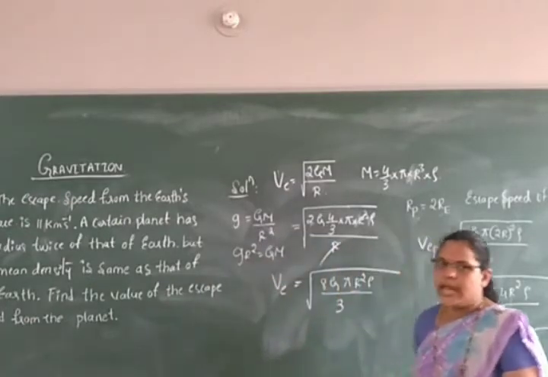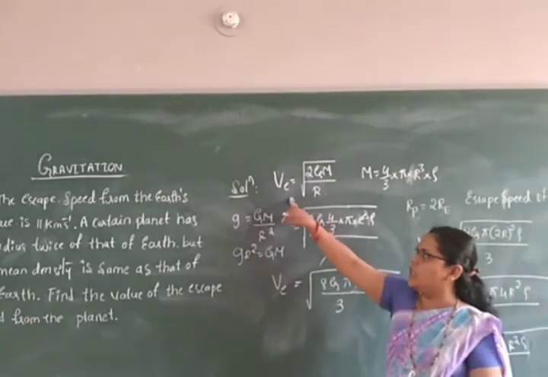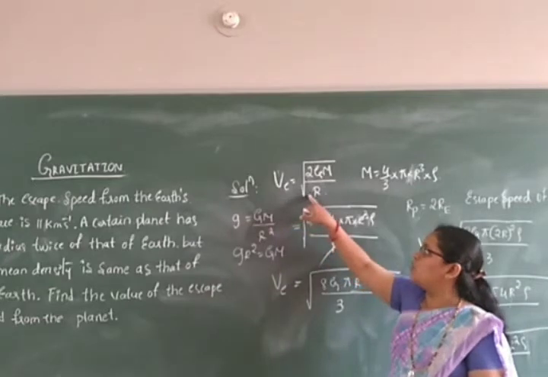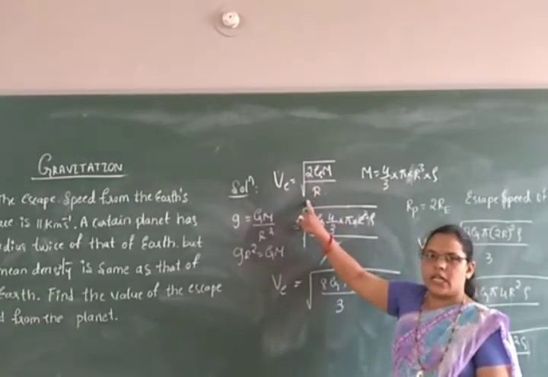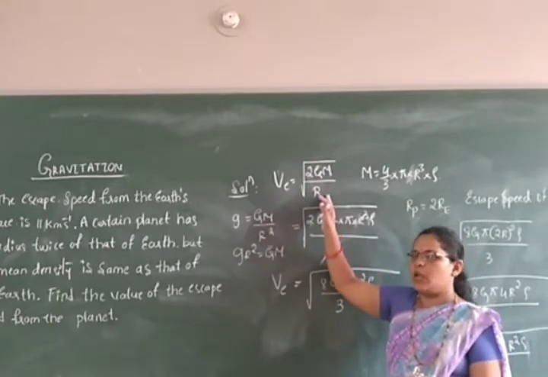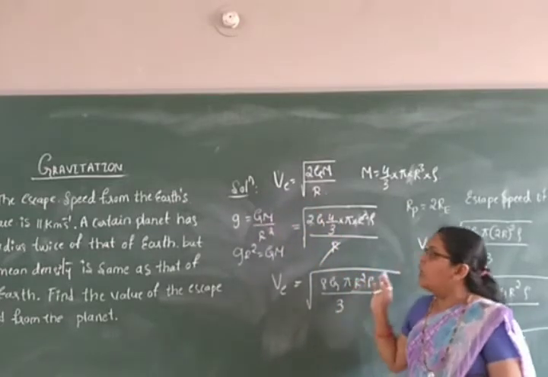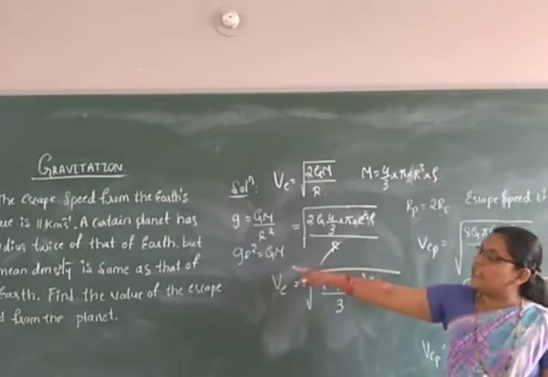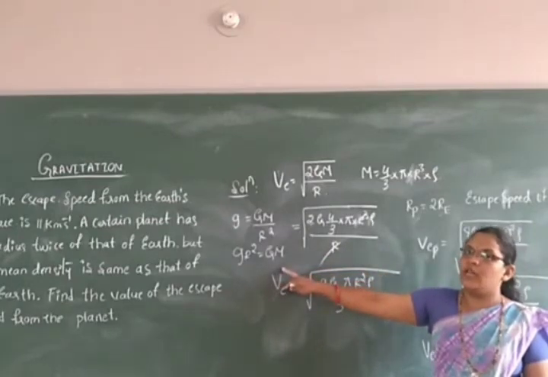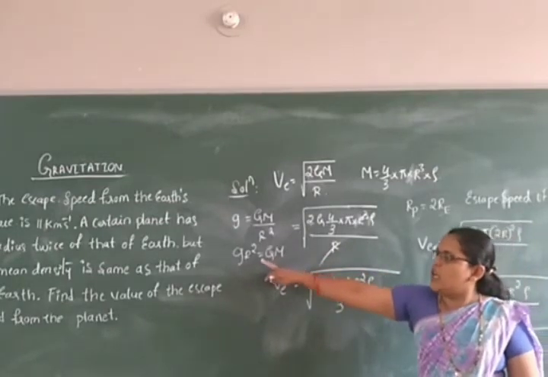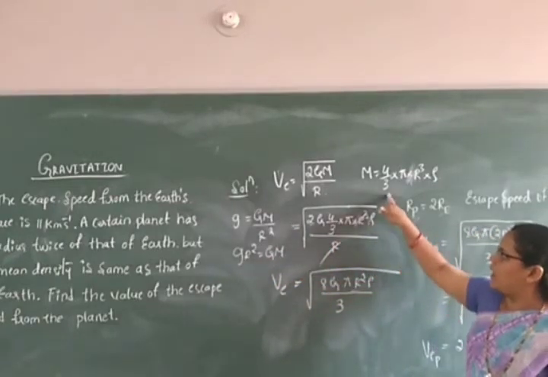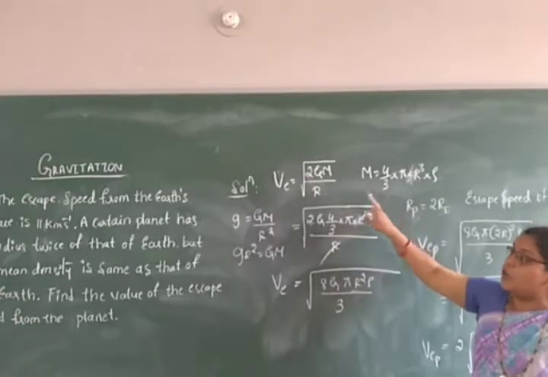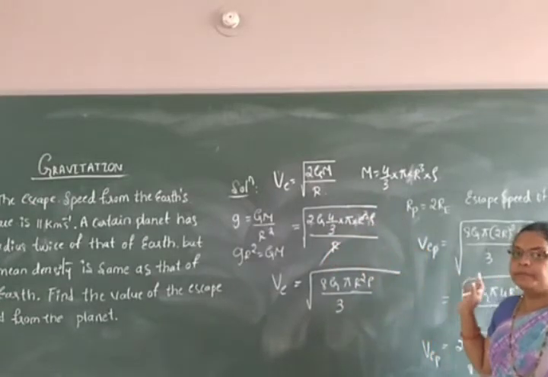We know that escape speed is equal to root of 2GM by r. This was already derived in a previous class. Directly I am taking the formula here to find the escape speed. Now with the help of acceleration due to gravity on the surface of the earth, we have gr square equal to GM. You just place the value of M here. M is what? The mean density is the same as the earth.